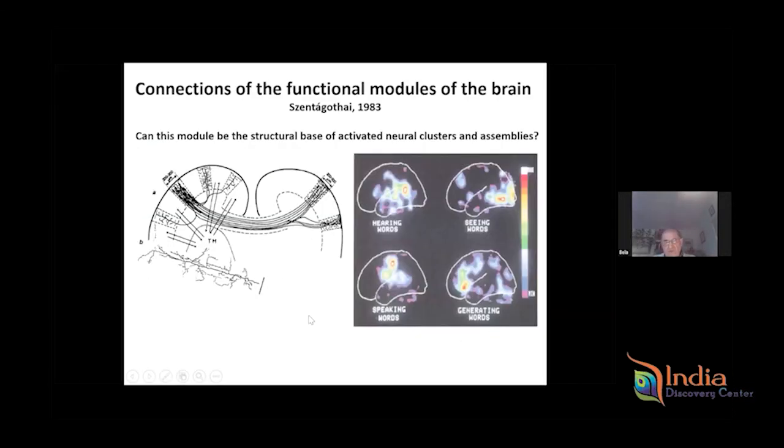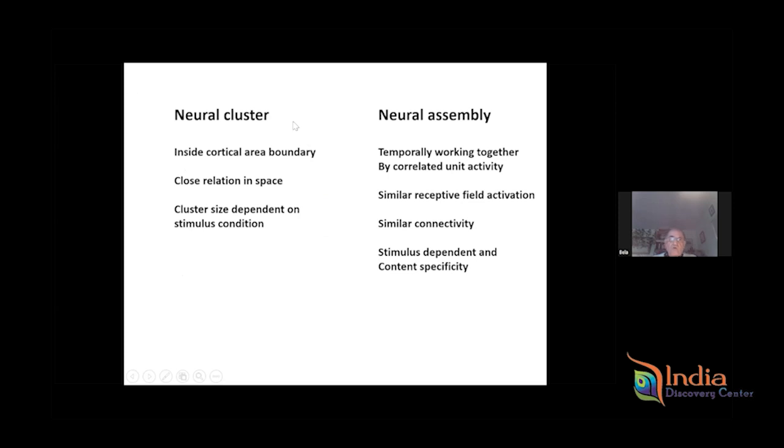Here I just brought back the Santagotai proposed functional modules. It can nicely be imagined that somehow in these different huge areas, activity accumulated through functional modules coherently synchronizes each other.